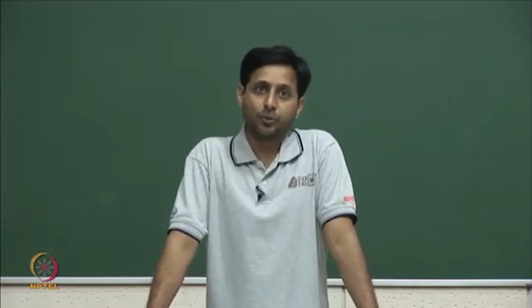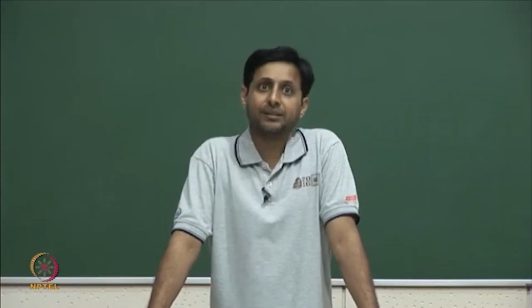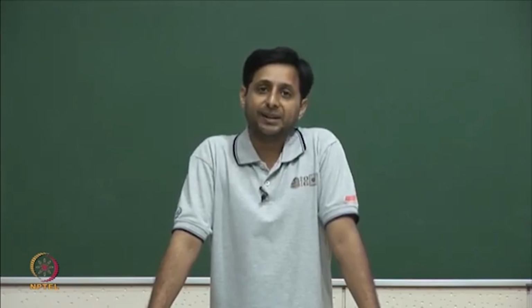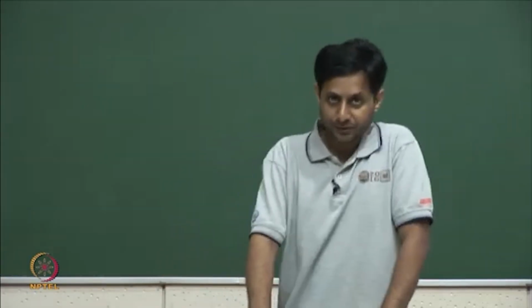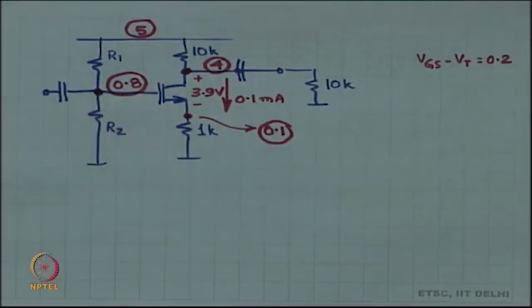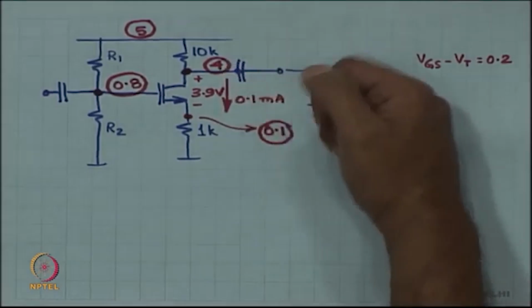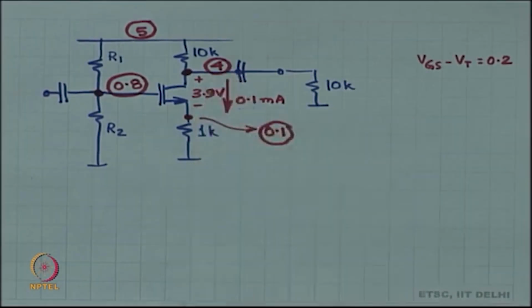Okay. So, this is the DC operating point analysis, and once you are through with the DC operating point, then we need to figure out what are the limits, the maximum and minimum at the output. So, the input is going up and down around 0.8. Accordingly, the output is going to go down and up around 4.